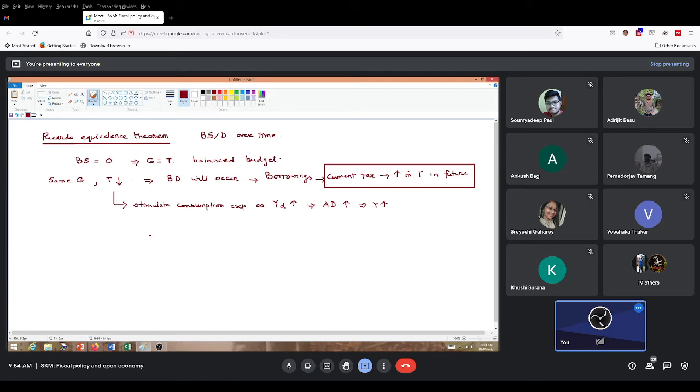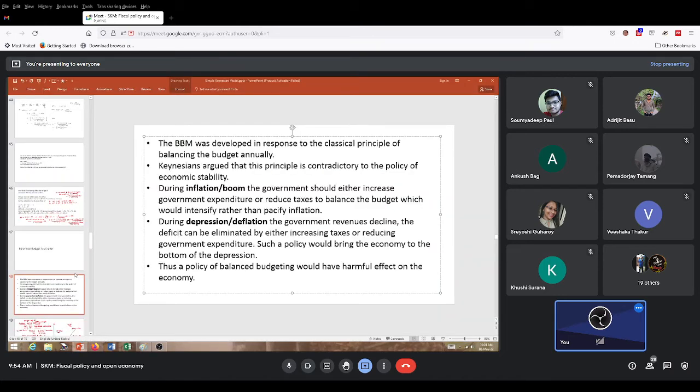So therefore, people are not going to spend the increase in disposable income that they get, but will actually save it.